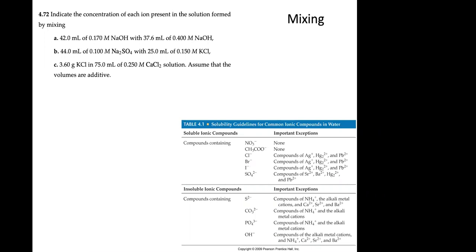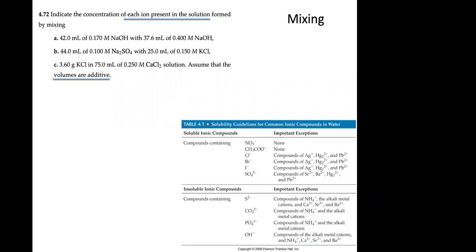We're just taking one beaker of one solution, one beaker of another, and we add them together. So we're not seeing a reaction, we're just seeing how they mix. In each of these cases, it's asking me what are the ions present in the solution? And if I want to know the concentration, I need to know what the final volume is.